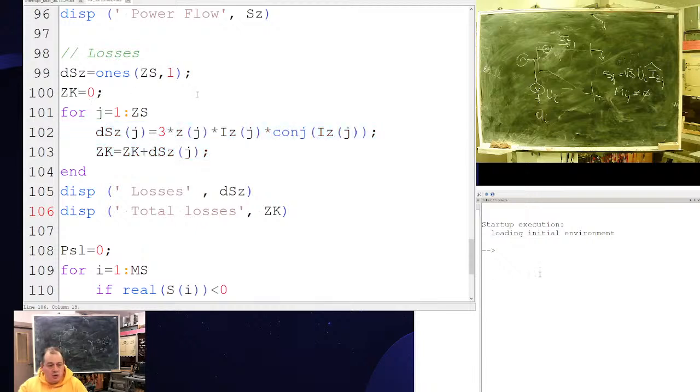Here I calculate net losses. For net losses I need what? I need the voltage drop on each branch, multiplied by the conjugate of the current in this branch. dS is the difference in power by branch.